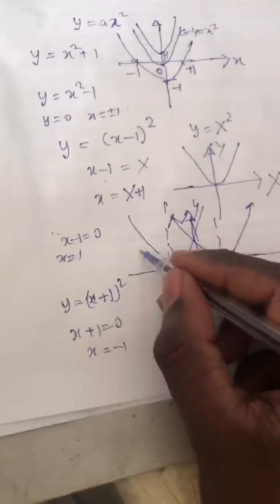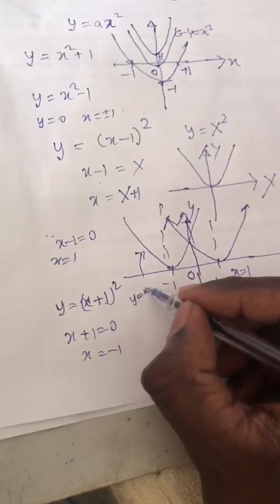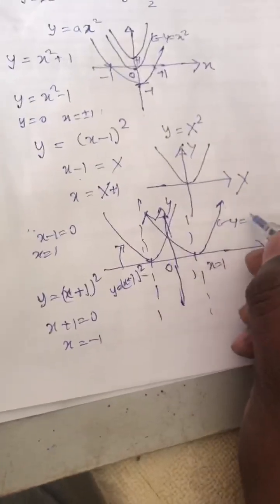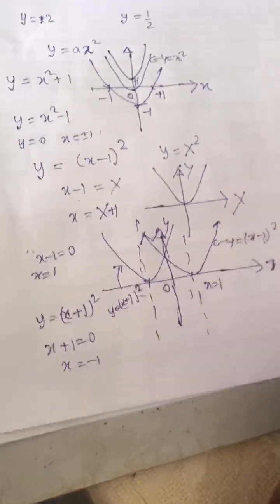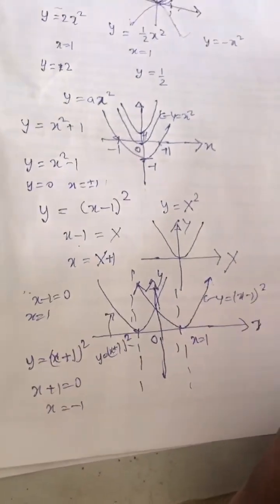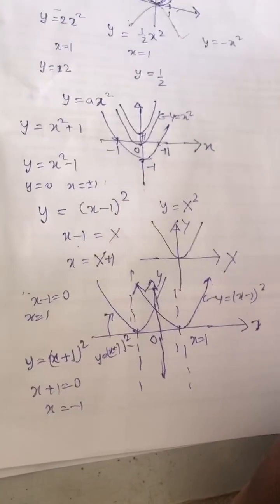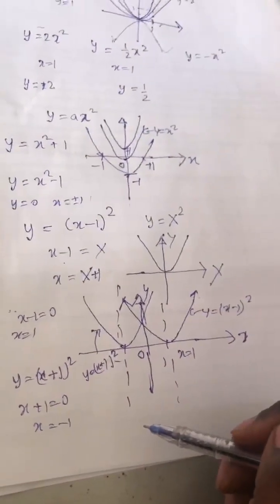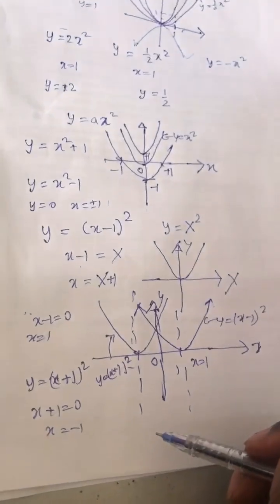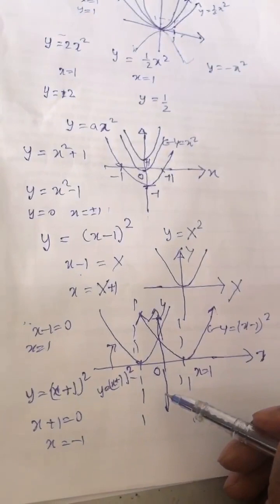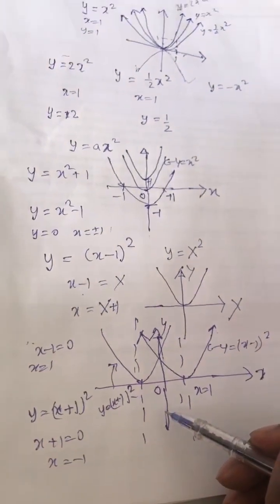This is y equals x plus 1 squared. This is y equals x minus 1 squared. Okay, like this. So normally using all these details we can draw any quadratic graph.